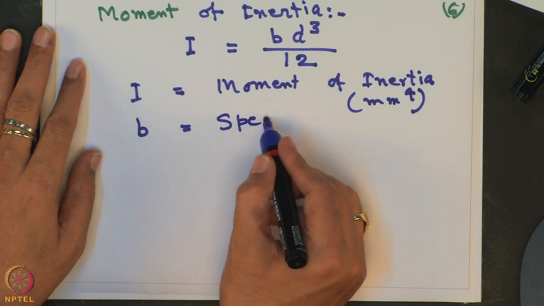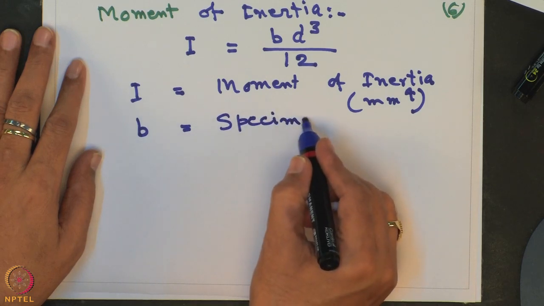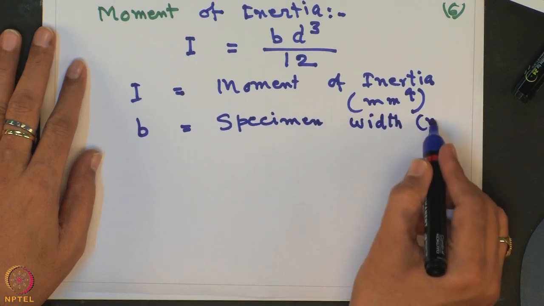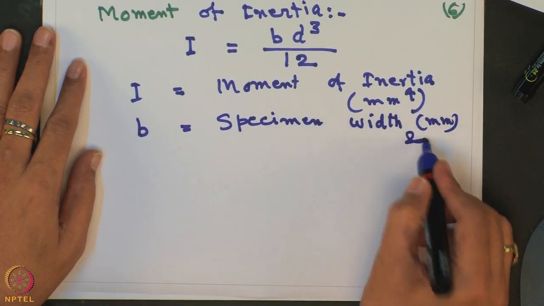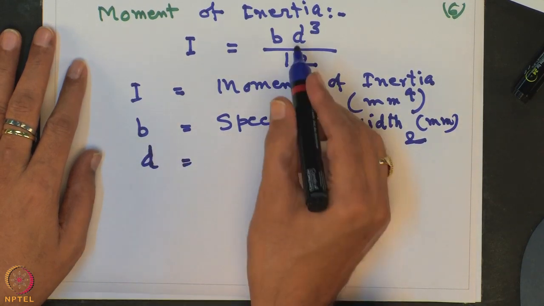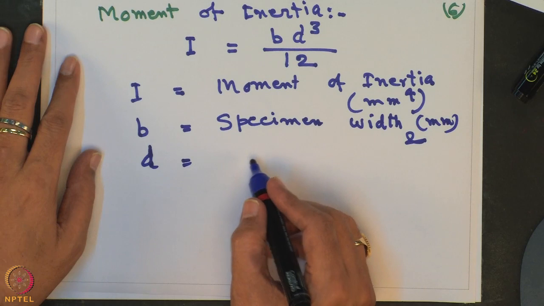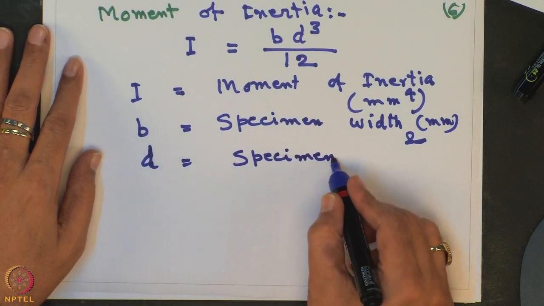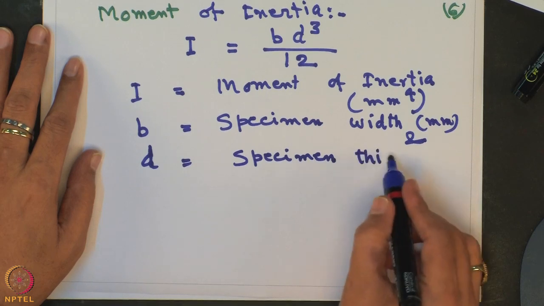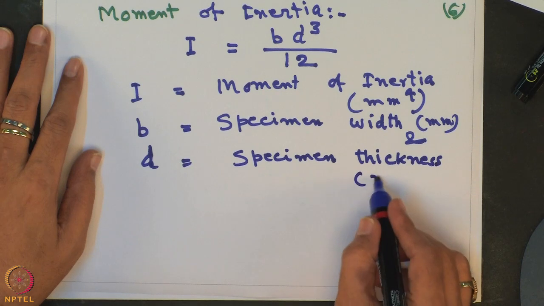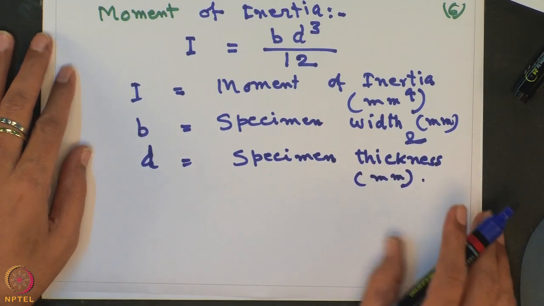And B is the specimen width, that is in millimeter, and d is the specimen thickness, which is also in millimeter.